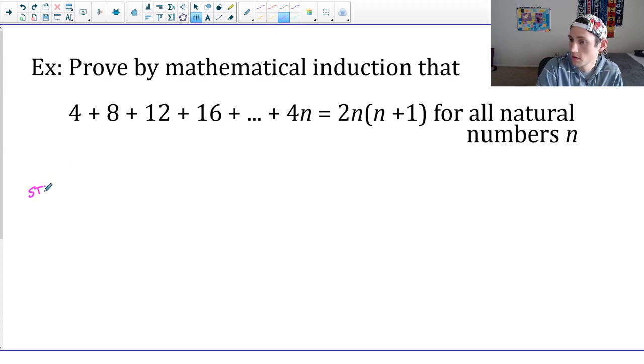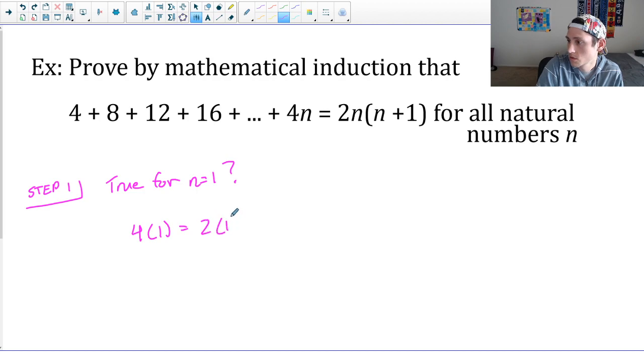Step 1. Is it true for n equals 1? Let's just plug in 1. 4 times 1 equals 2 times 1 times (1 plus 1). Wow.